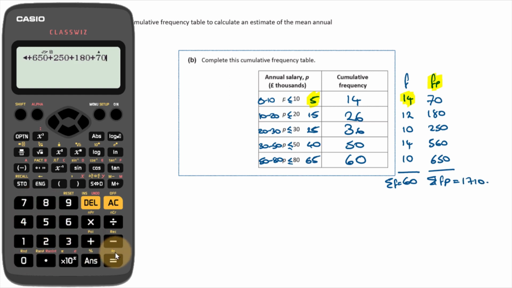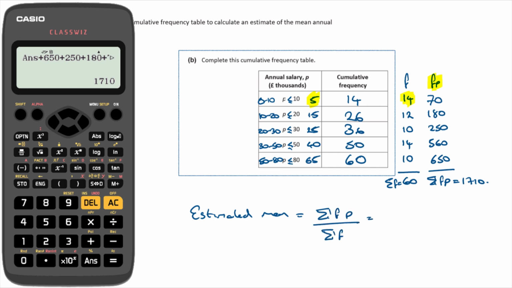1,710. Okay, so then my estimated mean is going to be sigma FP divided by sigma F, which is 1710 divided by 60, which is 28.5.